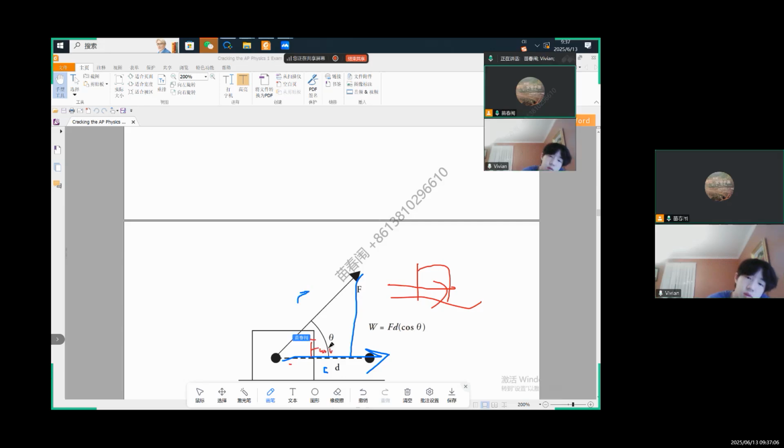F cosine theta. Or you can say Fx over F is cosine theta. So Fx is F cosine theta.